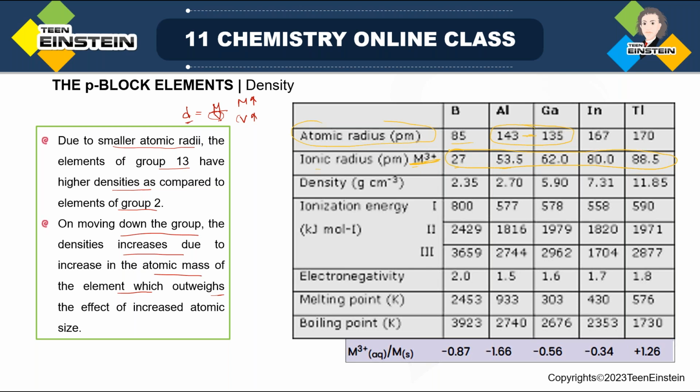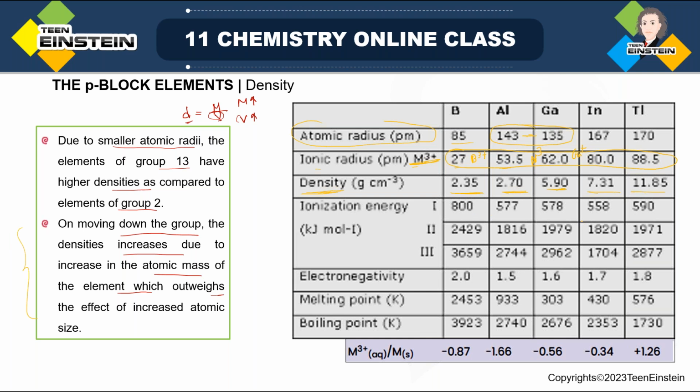It is only for atomic radius when you are considering the neutral atom. If you are considering B3 plus, then aluminium 3 plus, gallium 3 plus, there is no such discrepancy. Look at the density as mentioned in the left-hand side table, 2.35, 2.70. Then there is basically an increase, and the reason for this increase is also mentioned here.